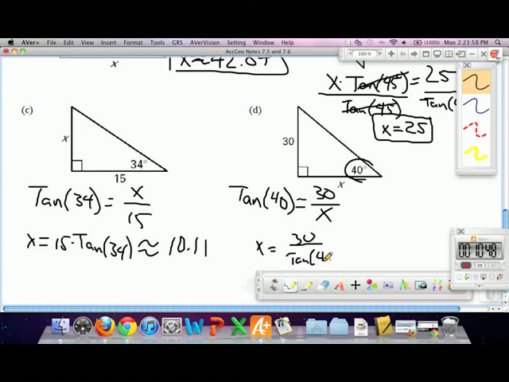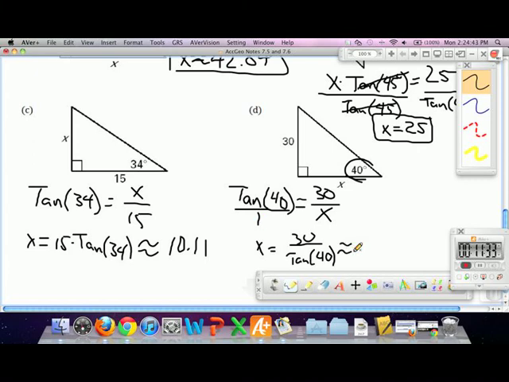So I've got to get x by itself, right? If I divided both sides by 30, I'd have tangent 40 over 30 is equal to 1 over x. But I don't care what 1 over x is, I want to know what x is. So you could say this is over 1 and cross multiply and solve it. And you get a value. What's the value of this? 35.7.